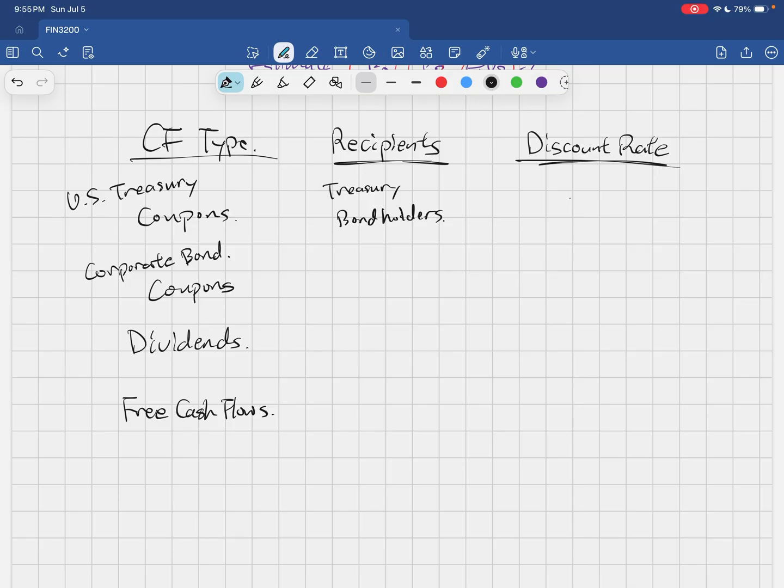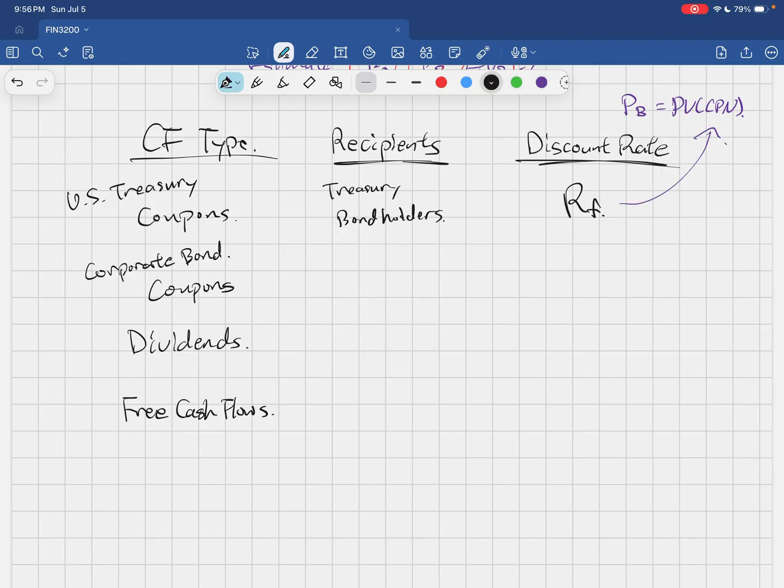So the discount rate would be RF, the risk-free rate. I hope you're getting this. If we are trying to value the price of a US Treasury bond, then we take the present value of the coupons, and these coupons are discounted using RF.